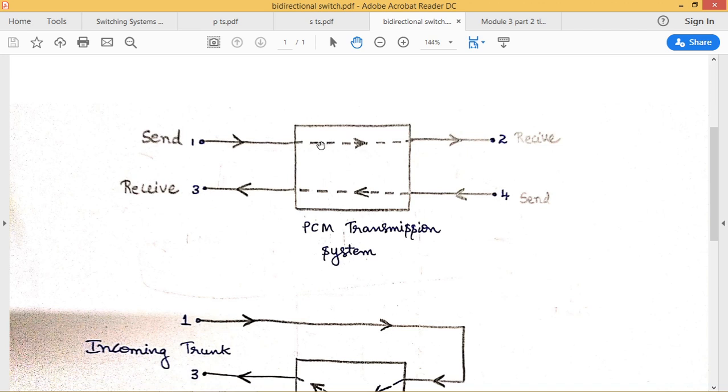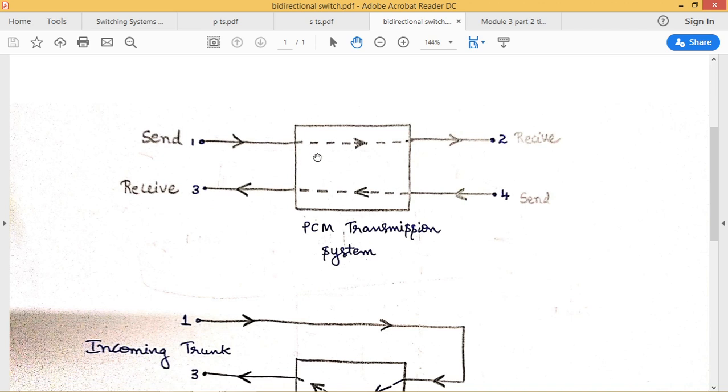In order to provide this, one possibility is we can have one switching system or switching network. I can use STS or TST for transmission in this direction, and also use another set of telecommunication network, that is STS or TST switching network, in the opposite direction from right side to left side.